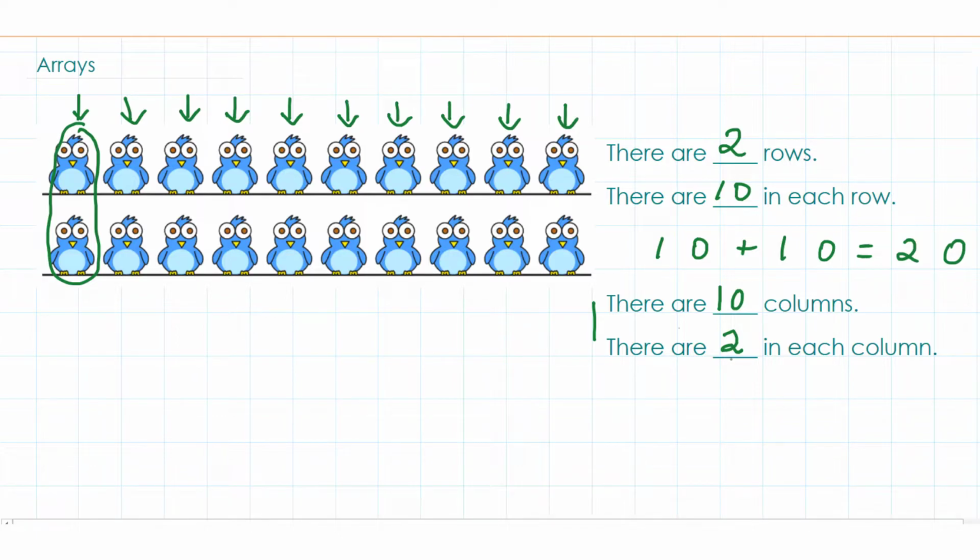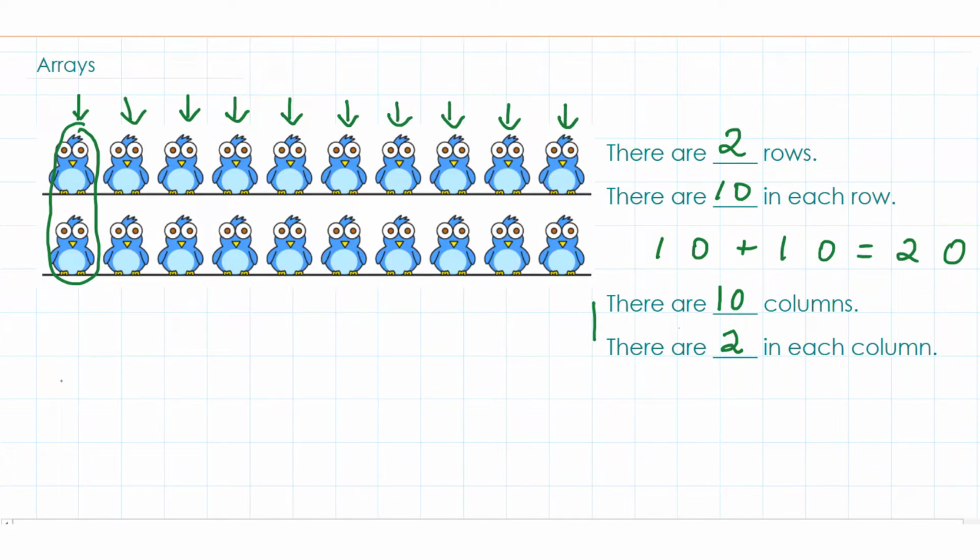This time, looking at the columns, what calculation would you do to find out how many birds there are altogether? It's not the same as the last one. There are 10 columns and there are 2 birds in each column. That's 10 groups of 2 birds.